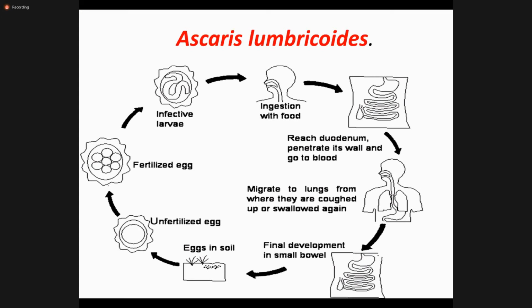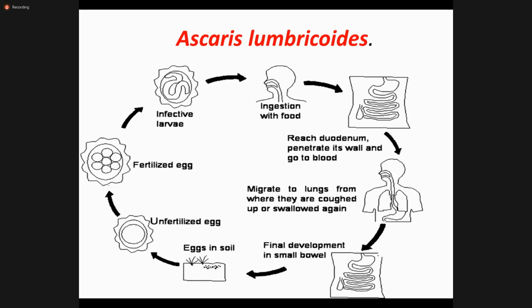Within the small intestine, they convert into the adult, right? And they live in the lumen, and they do not attach to the wall, right? So the adults are the largest intestinal nematodes. Remember that they are the largest one, often growing to 25 centimeters or more.